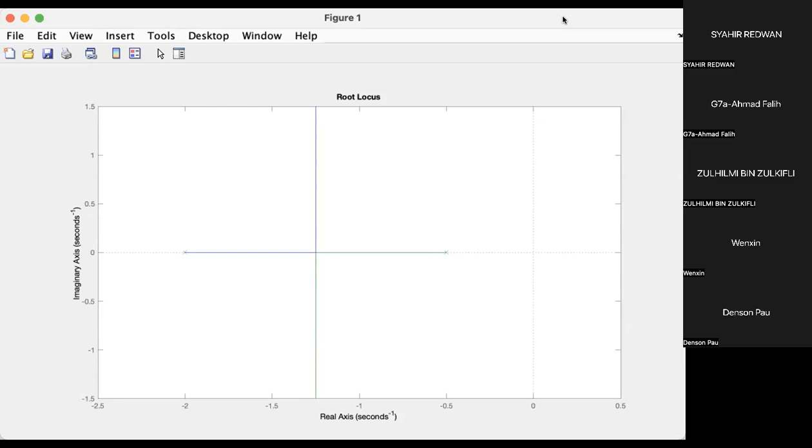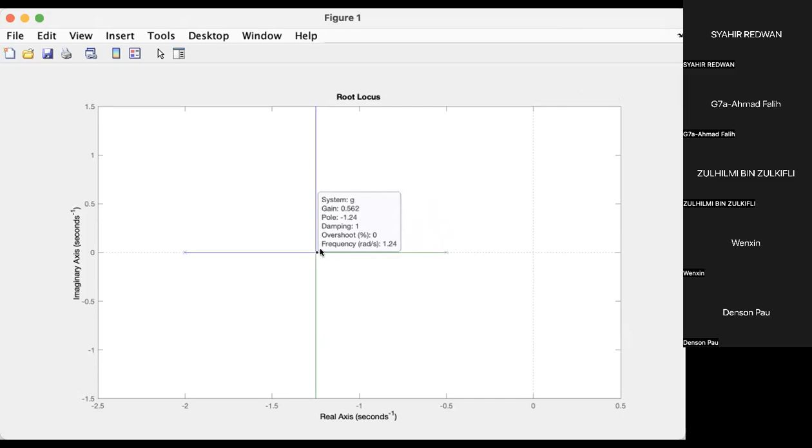No root locus intersects the imaginary axis. And how many breakaway and break-in points? One breakaway. Break-in also one. Not exist.